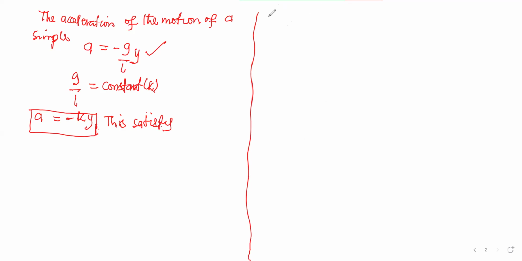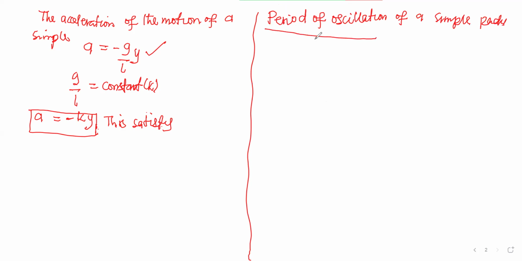Let's look at the period of oscillation of a simple pendulum. We know the period, capital T, to be the time taken by an oscillating body to make one complete cycle.